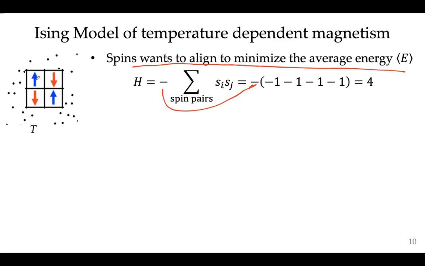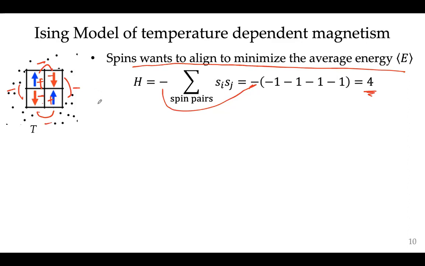These are in opposite directions. So let's say this is going to be plus, this is negative, this is negative, this is plus. When you multiply them, it's a negative sign. So we get negative here. If you multiply these two, -1, and this one is also -1. So the final result for the total energy is 4 for this particular configuration.